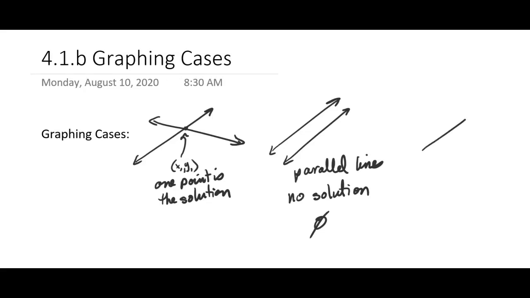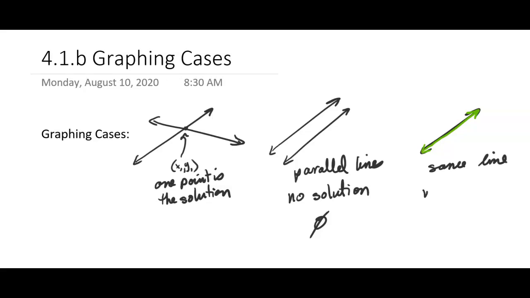But sometimes we have a line, and then we graph the equation of the line, and then the second equation is actually the same line. And they coincide, okay? So this is when you don't really have two different lines, but rather they're the same line. They might look different, but they're the same line.